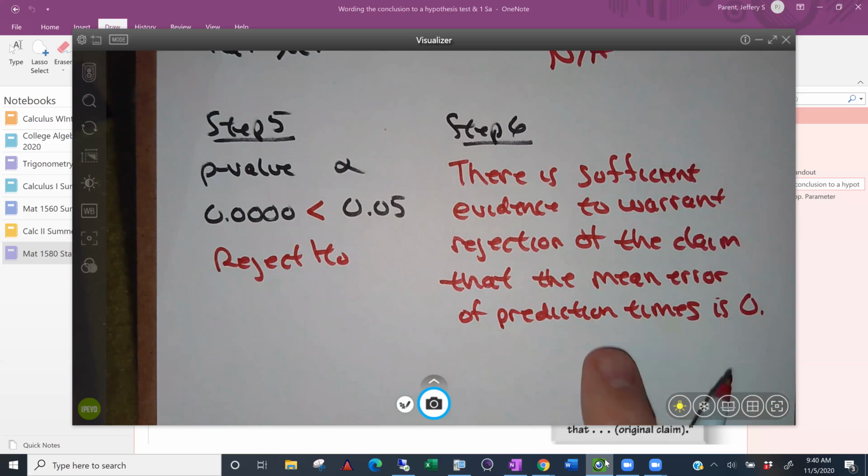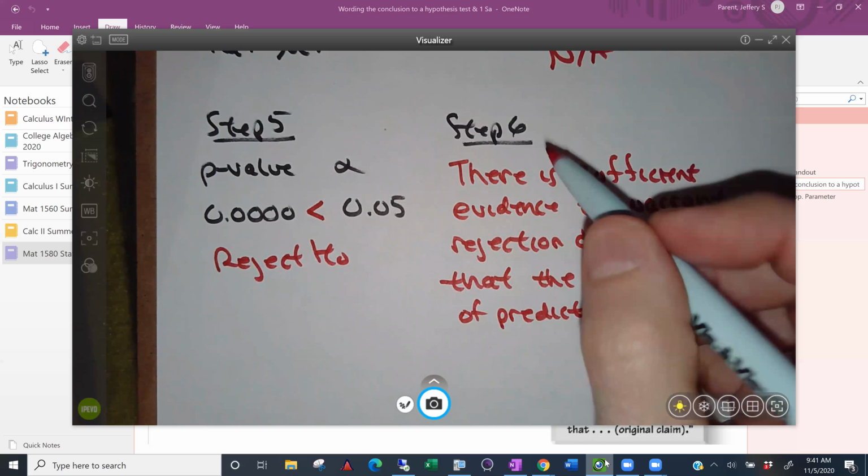Now, be careful with the second part. Please don't use symbols, and please talk about what it is that you're testing in words. Just don't end with mu equals 0. The idea here is you can communicate your findings to somebody who maybe hasn't had a stat class, so they can say, oh okay, on average they're not getting it right.